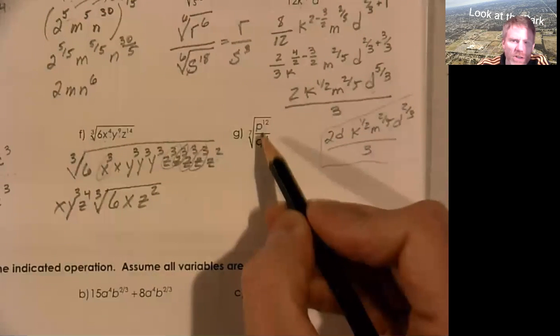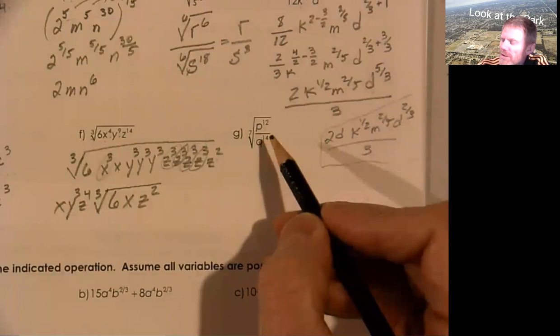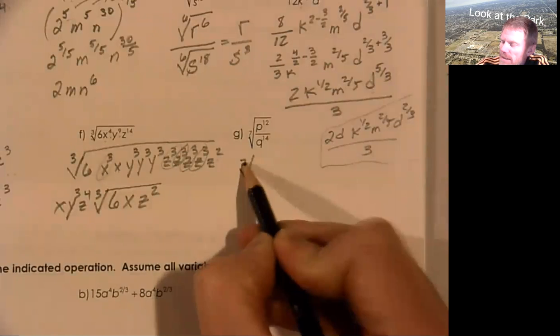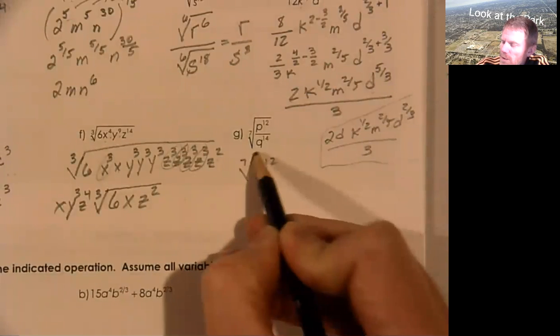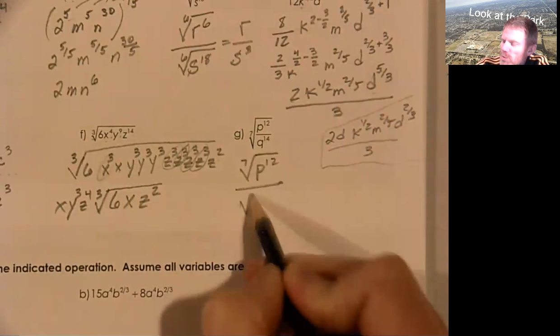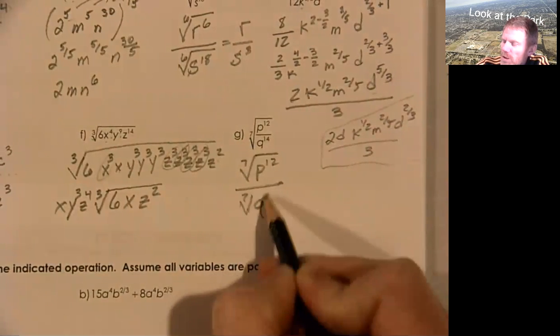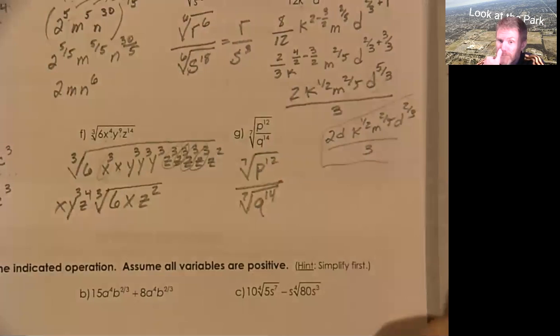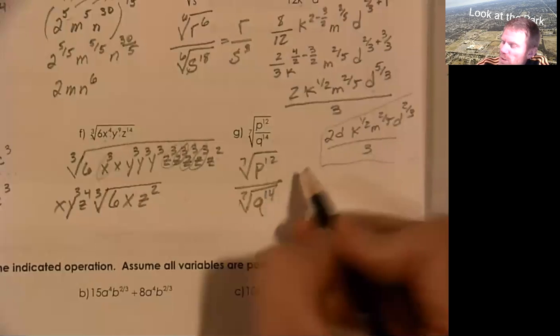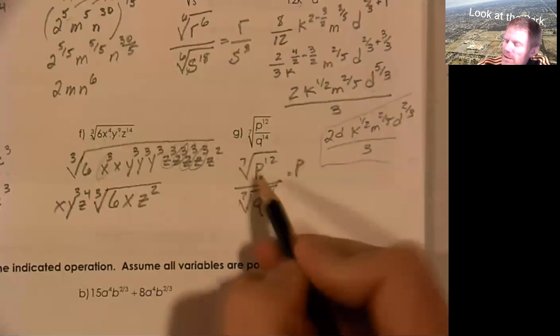Here, the P and the Q, they don't reduce from each other. They're different variables. So you might consider this as P to the 12th power, 7th root of P to the 12th power, 7th root of Q to the 14th power. Well, 7 goes into 12 one time, so you're going to have a P, because it goes in there.